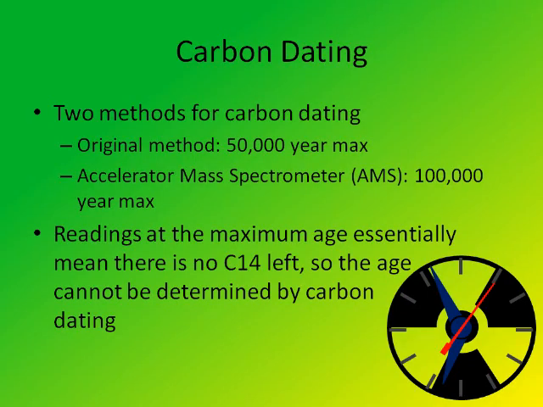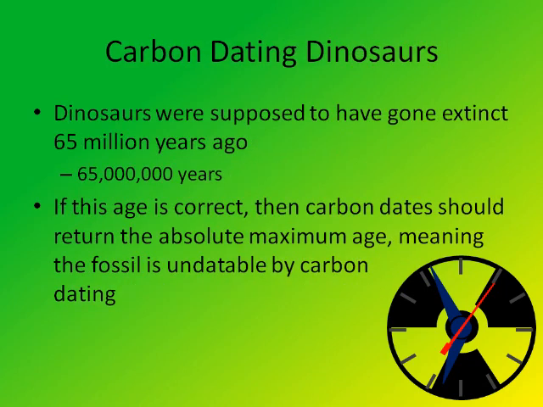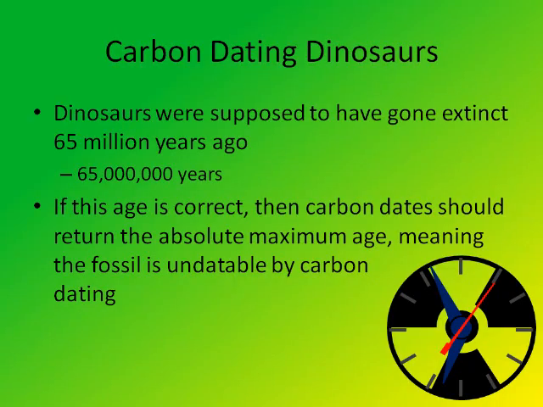Readings at the maximum age essentially mean there is no carbon-14 left, so the age cannot be determined by carbon dating, as I've already said. Dinosaurs were supposed to have gone extinct 65 million years ago. If you write out 65 million, it's a 65 followed by 6 zeros, lots of zeros. That's what it looks like when you write it out.